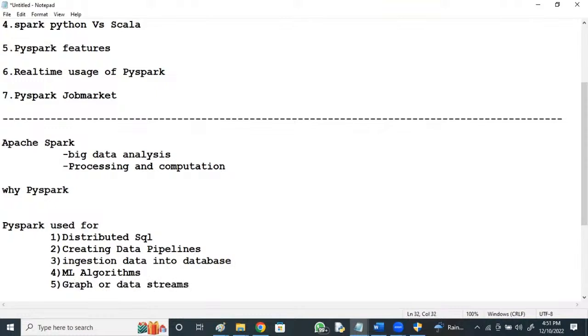So it's used for distributed SQL, for creating data pipelines, ingesting data into a database. Mostly you see PySpark's major use in ML algorithms and graphs or data streams.